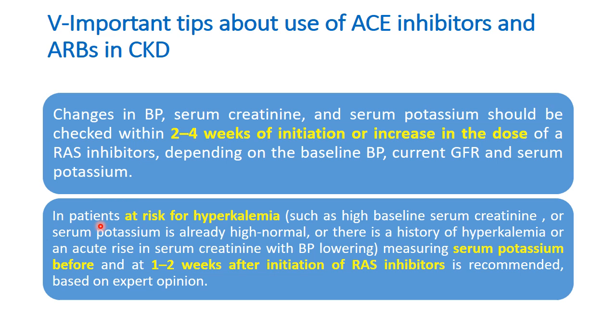However, in patients at risk for hyperkalemia, such as high baseline serum creatinine, a serum potassium level that is already high normal, or a history of hyperkalemia or acute rise in the serum creatinine with blood pressure lowering, it is recommended to measure the serum potassium level before and 1 to 2 weeks after initiation of the RAS inhibitor.